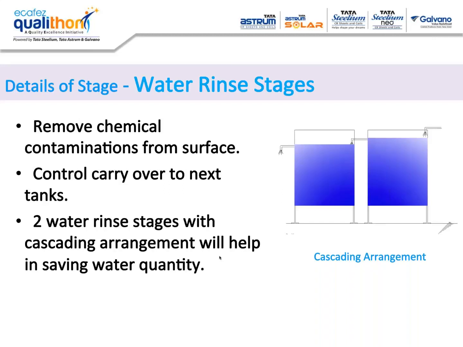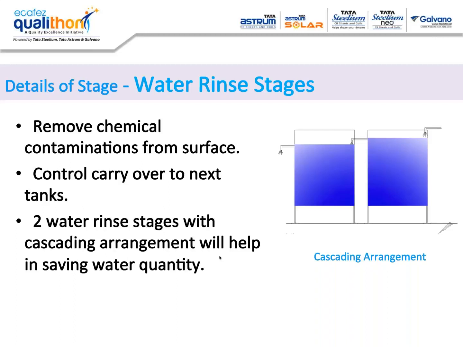And if we have two water rinse stages, usually there is a cascading done, as you can see in this picture: the fresh water will come into the second tank, the overflow of that will come into the first tank, and the first tank water will get drained to the ETP.